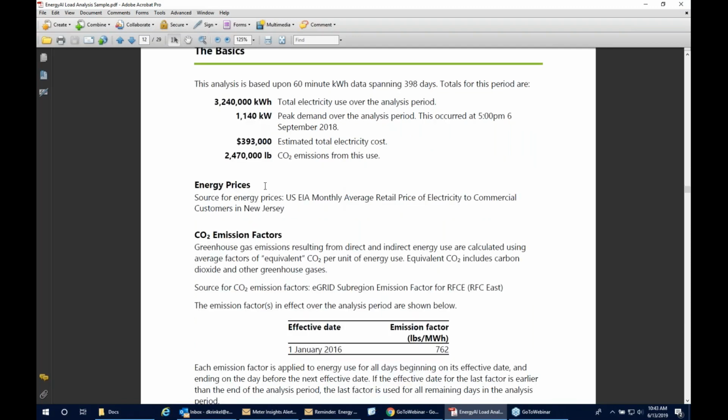Energy prices, I've mentioned, as you've seen, we like to express everything in dollars and cents. You do not have to provide any energy prices. If you don't, which most of our clients do not, if we know the zip code, we use the U.S. Energy Information Administration's publicly available database of average electricity and natural gas prices by state, by different market segments: residential, commercial, industrial.